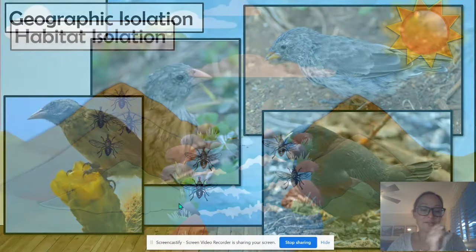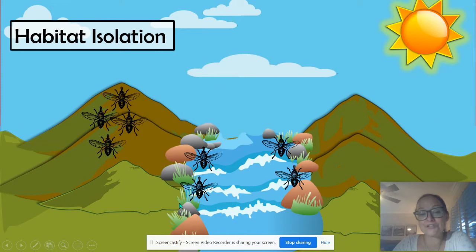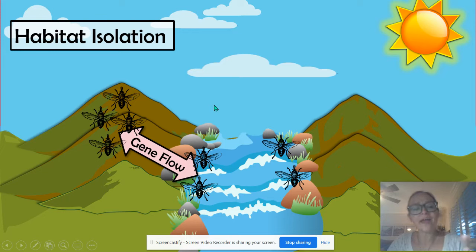Okay, now let's go ahead and talk about habitat isolation. So here we might have the same area, but if two populations live in different habitats, it might be unlikely for them to mate together. For example, if I have these two populations of flies, could they together make viable fertile offspring?